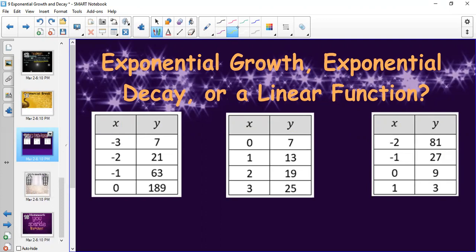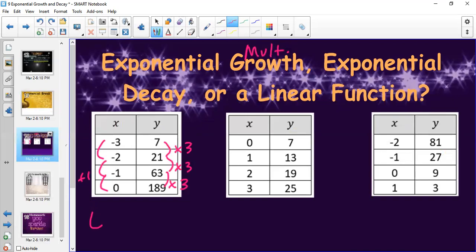Okay, so I'm going to look at both sides and see what they were changing by. So our x's were going up by 1. Our y's went up 14, and then this went up 32. So it's not going up by a constant. It's actually being multiplied each time by 3. So when it's multiplying, that is growth.